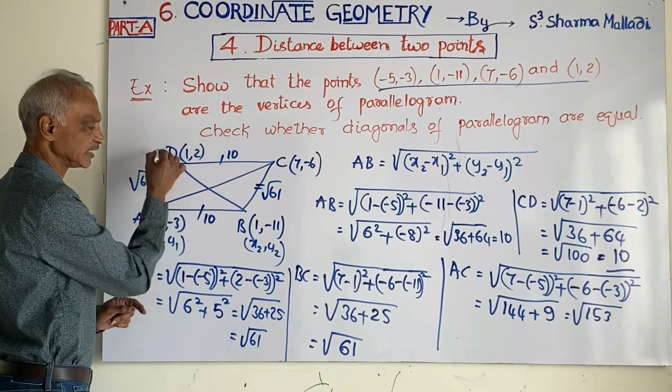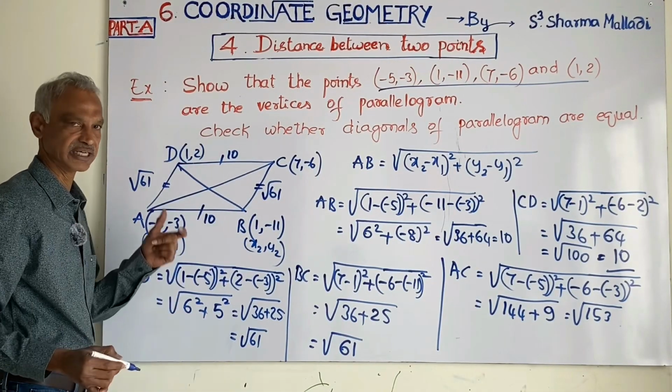We have to find the distance between B and D, whether the diagonals are equal or not.